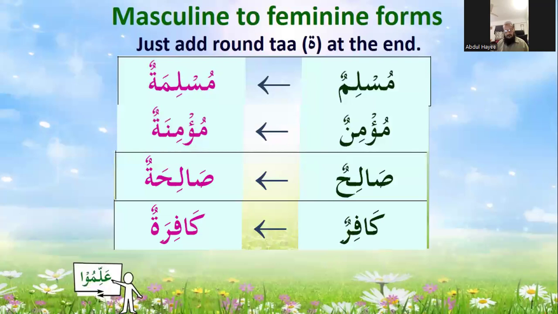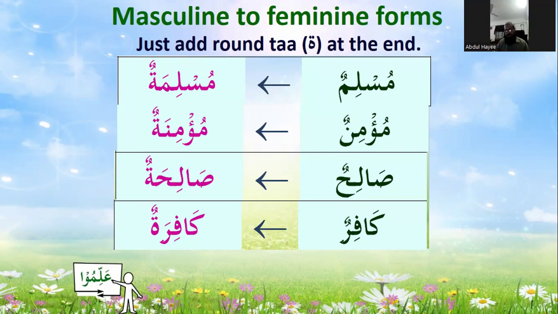So now that we know that, how do we change masculine to feminine forms? We do that by simply putting ta marbuta, which is the round ta. So Muslimun, there are two ways to pronounce the feminine. If you put the tanween, you put the tanween on the other side. So if I say Muslimun, I will say Muslimatun.